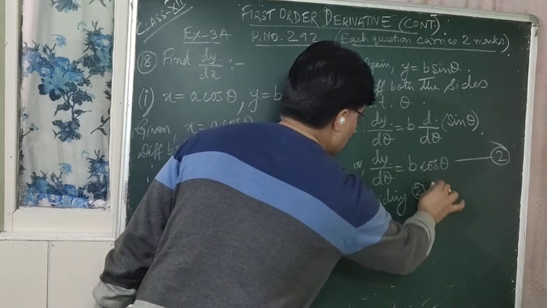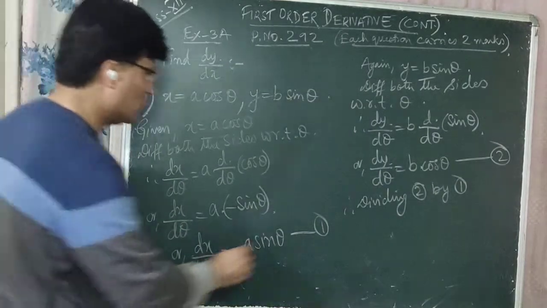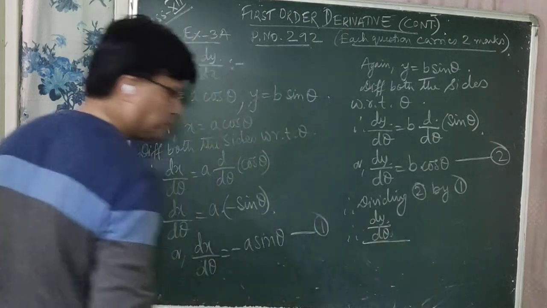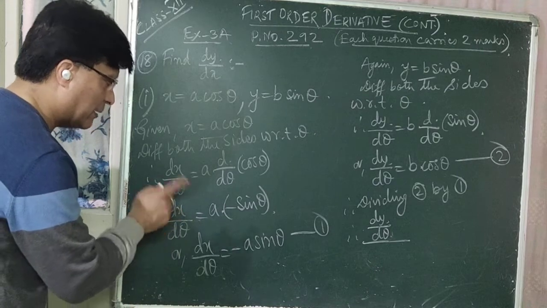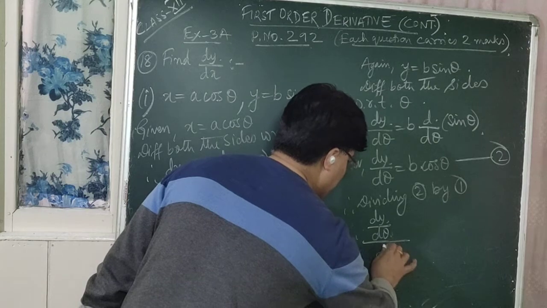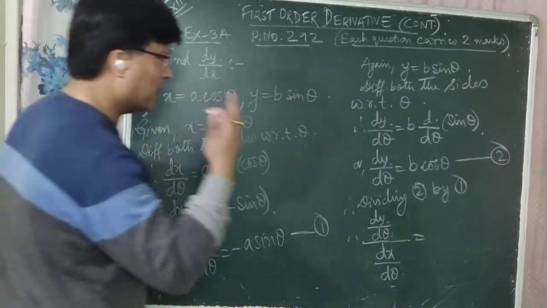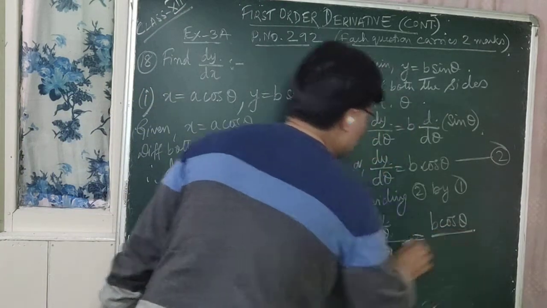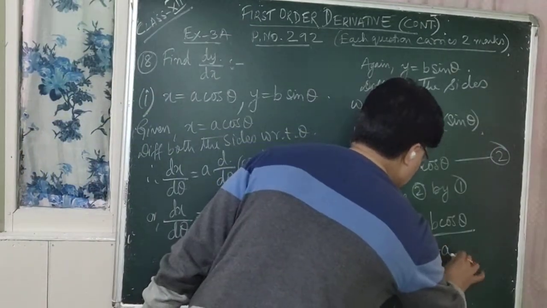Therefore, dy by d theta upon, in the denominator you write the left hand side of number 1, that is dx by d theta, which is equal to, on the right hand side, the right hand side of number 2 in the numerator, b cos theta, divided by, in the denominator, the right hand side of number 1, that is minus a sin theta.